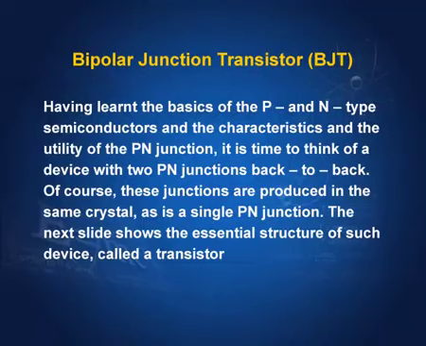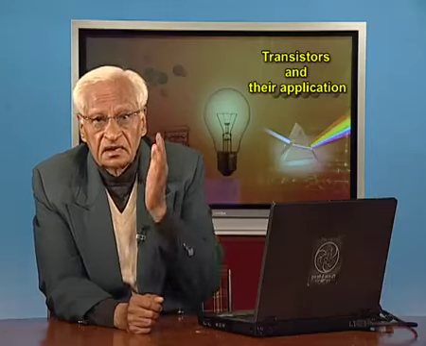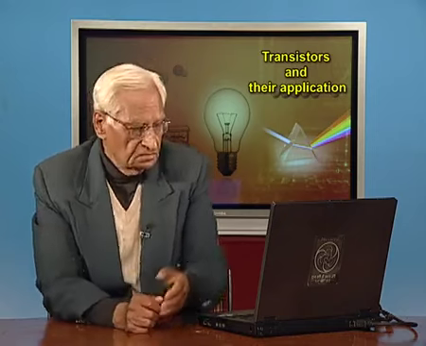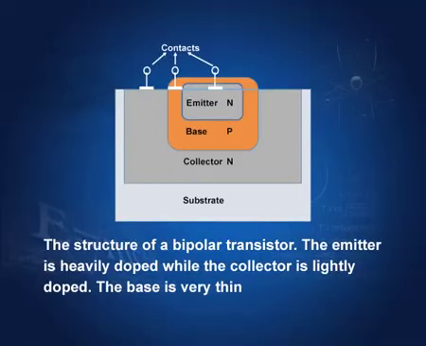Of course, these junctions are produced in the same crystal. This I have emphasized again and again. They are part of the same crystal. They have been doped in the same crystal. And the next slide shows the essential structure of the transistor. This is not an accurate diagram, because this is just to show you. Actually, we have a p type semiconductor sandwiched between n type semiconductors, and this P is called the base, and this base is actually very thin.